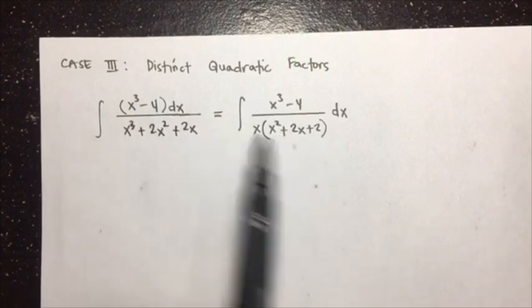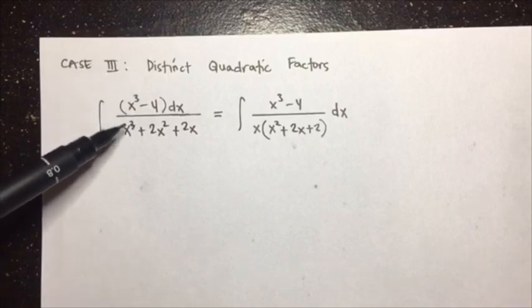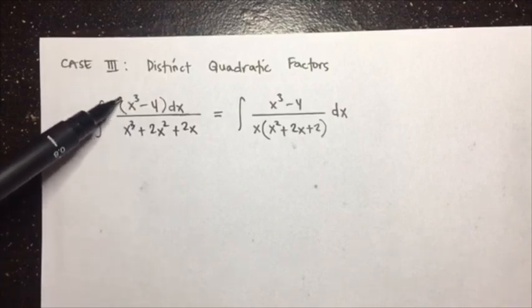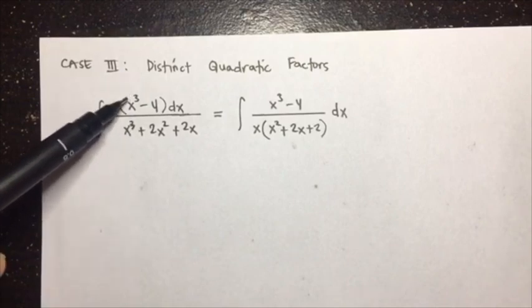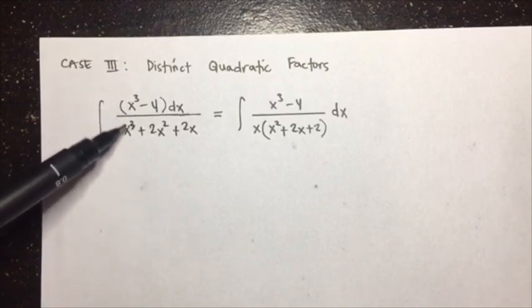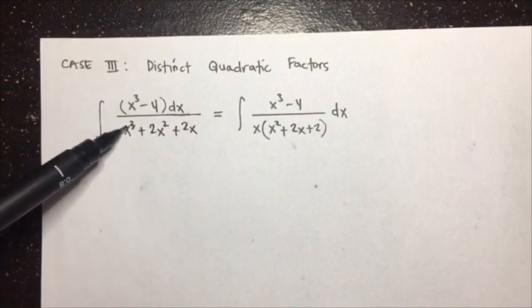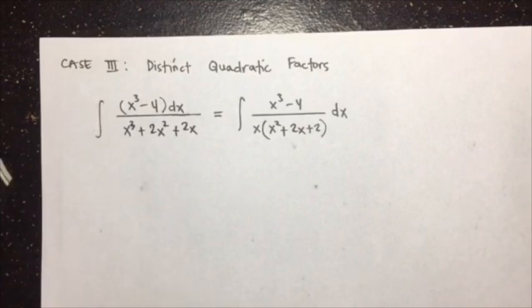But first, let us observe the numerator and the denominator, their degrees. We can see that they still have the same degree, right? x cubed in the numerator and x cubed in the denominator. So we can still divide this.